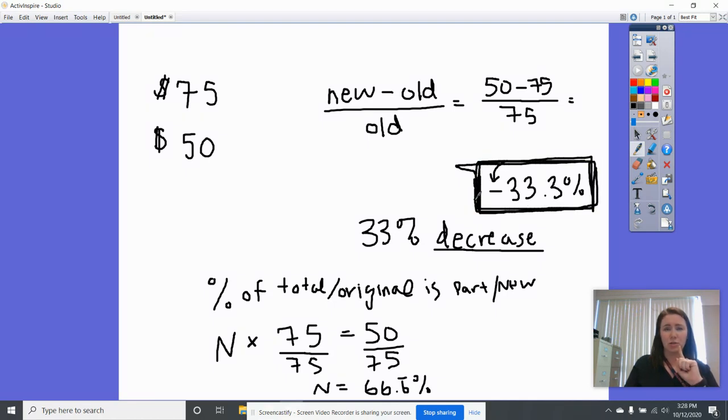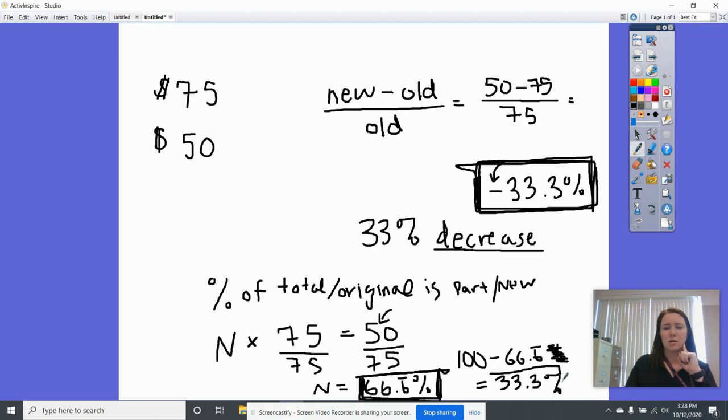This was the amount of decrease, whereas this is the final amount. The 66.6 repeating percent is the amount of our jacket. But that's not our final answer. We then have to do 100 minus 66.6 repeating percent, and that's going to tell us that the discount was 33.3 repeating percent.